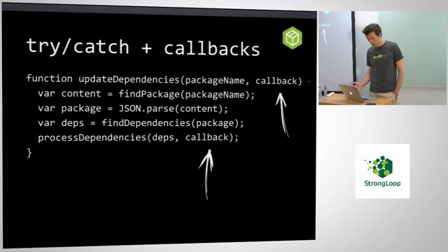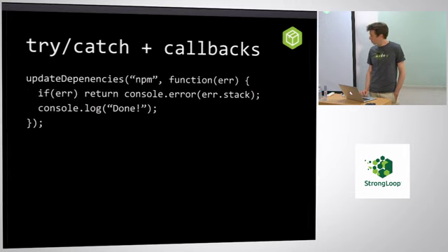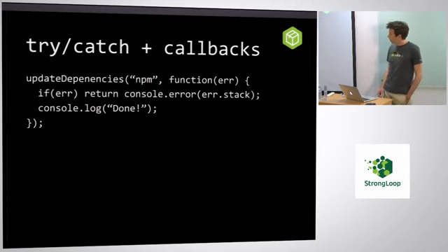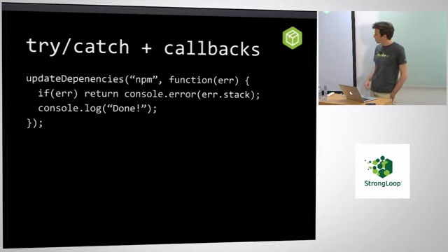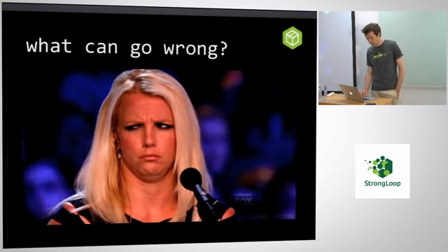Then our original execution code is going to look something like this. We call append dependencies and pass a callback function, which takes the first argument as an error. And we handle it. If there's an error, we console log. Otherwise, we're okay. So, what can possibly go wrong in this case, right?